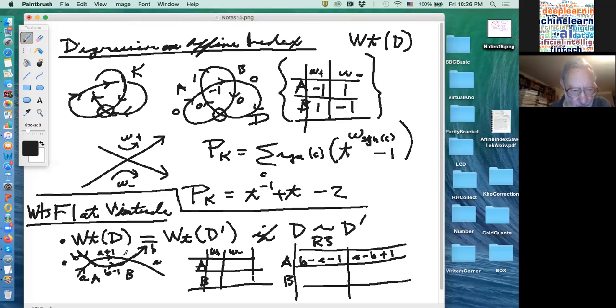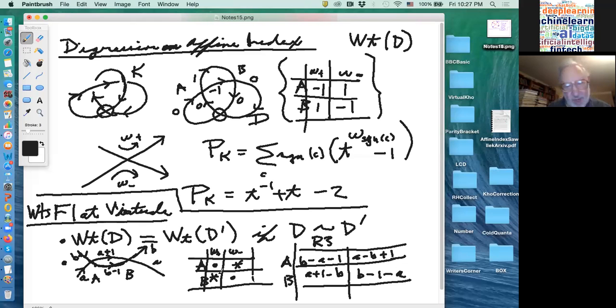Now what about the other one? The positive weight is A plus 1 minus B, and the negative weight is B minus 1 minus A. So you see, these are the same, and these are the same. So the pattern is dot, dot, star, star. Without it, those weights don't occur at all.